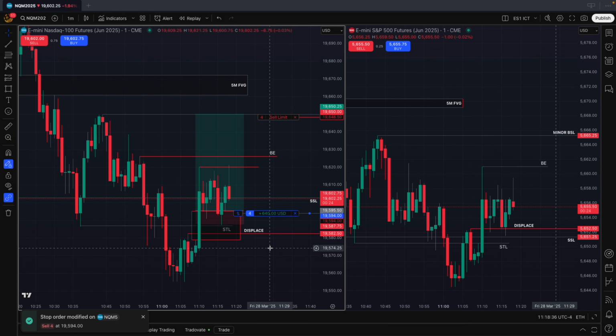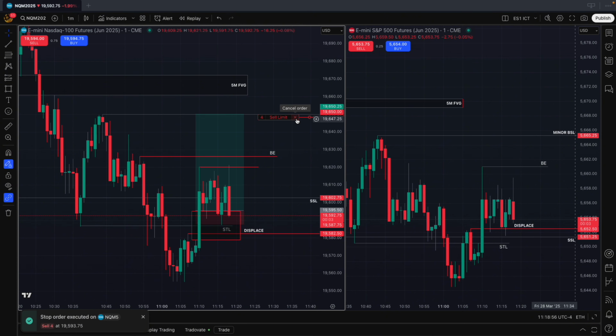It's risk free. I don't like the way price reacted on that short-term high. So if we get taken out of this, then we get taken out. Yeah, break even on this one, guys.